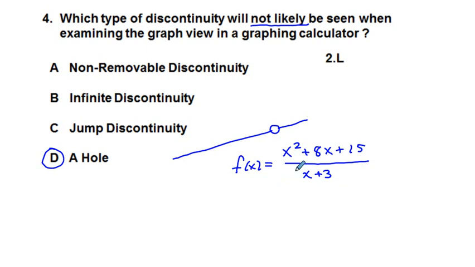If we graph this in the calculator, just to show you what that looks like. Based on this function, we're going to have a discontinuity at x equals -3. So x cannot equal -3 because that would make the denominator equal to 0.